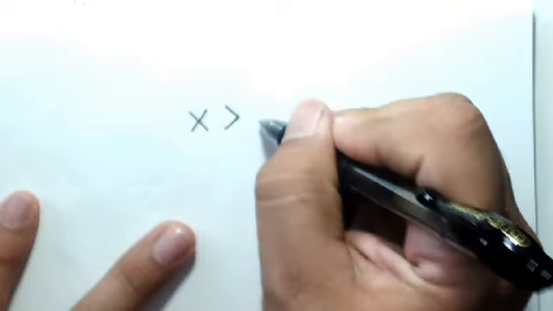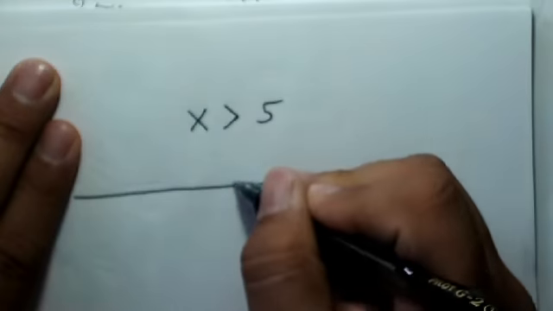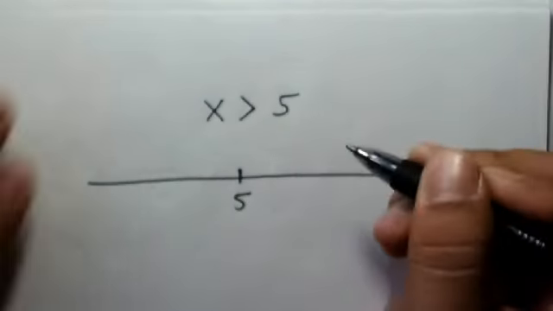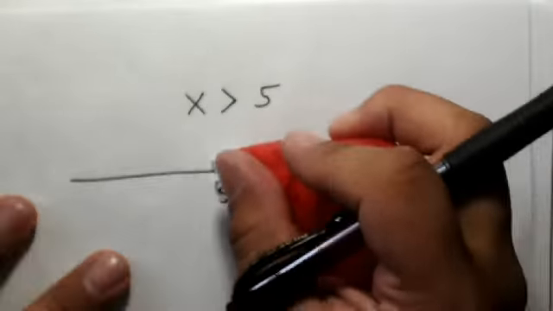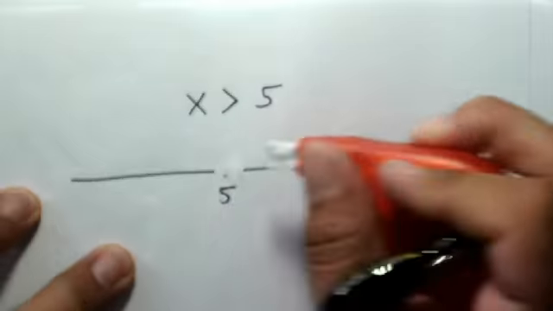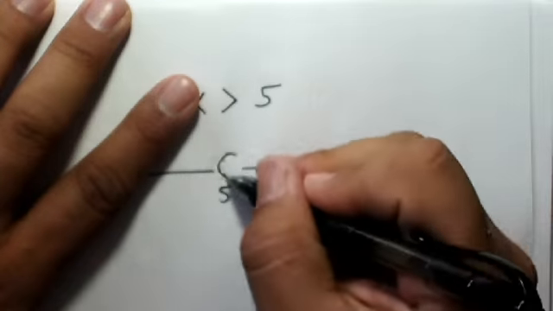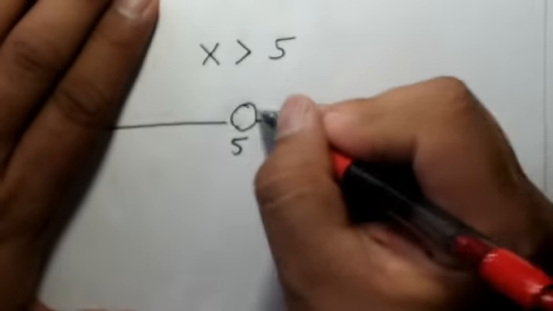Watch. X greater than 5. It would be like this. Can you please look at the board?